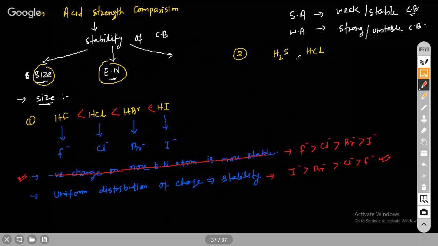Okay. Now you see this question. Its conjugate base is HS minus and its conjugate base is Cl minus. Here we will go by the first factor. So according to this factor, the stability of Cl minus is more. So the order of acidity will be this.